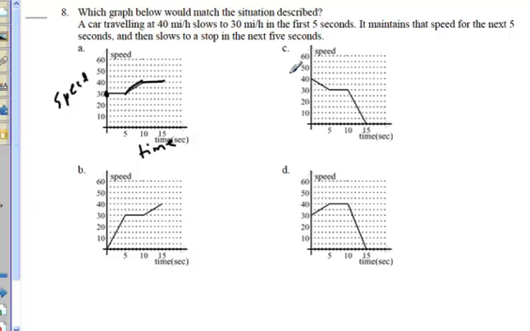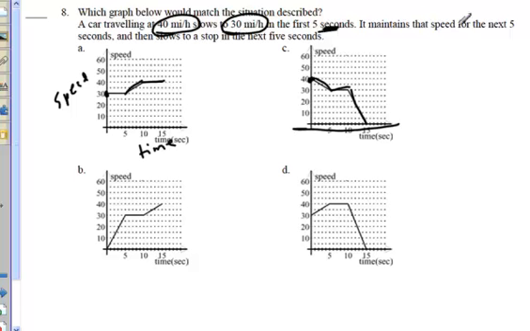This car starts at 40 miles an hour, so it's already running. It slows down to 30, maintains the same speed, then slows down all the way to 0, because remember, 0 is right here, and it took 15 seconds. Okay, so that's what this says. I start at 40, I slowed to 30 in the first 5 seconds.